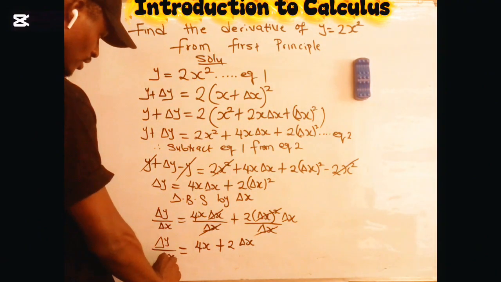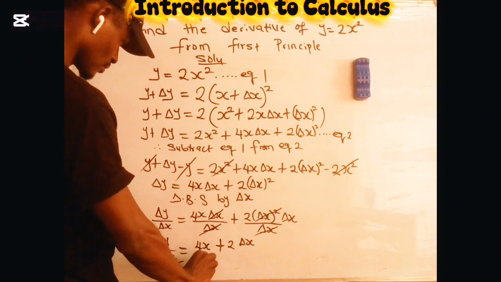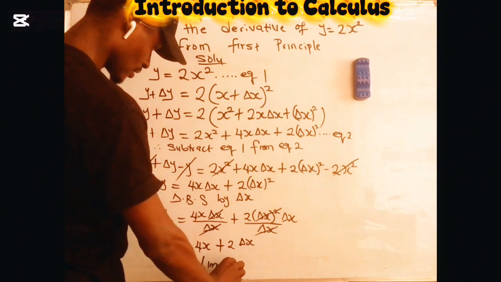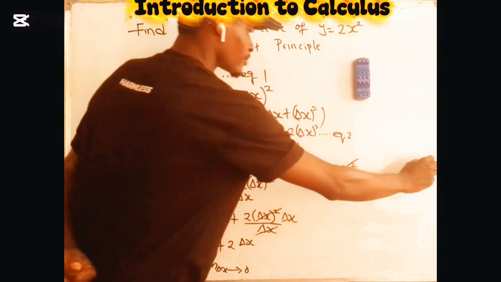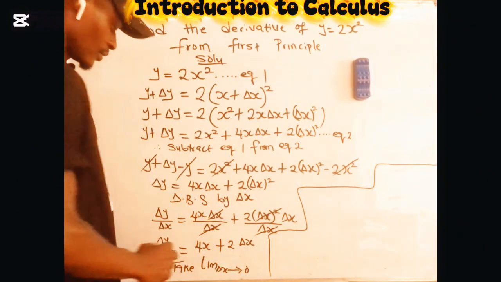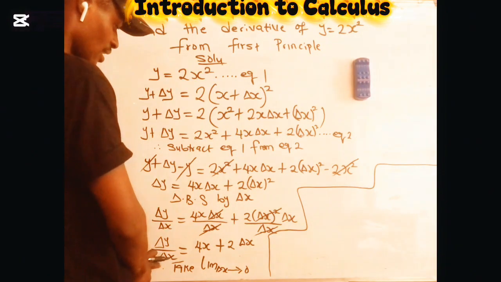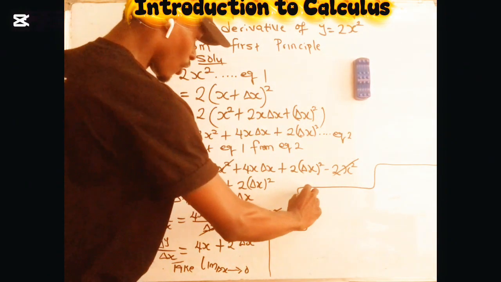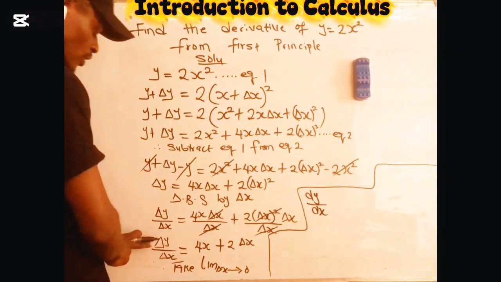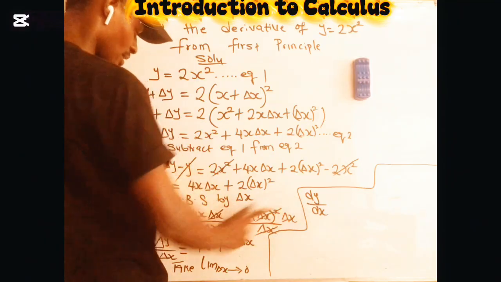So, take limits as changing x approaches 0. Taking limit on changing y over changing x as changing x approaches 0 becomes dy dx. When you take limit, changing y over changing x becomes dy dx.